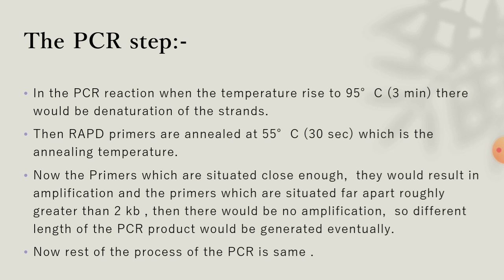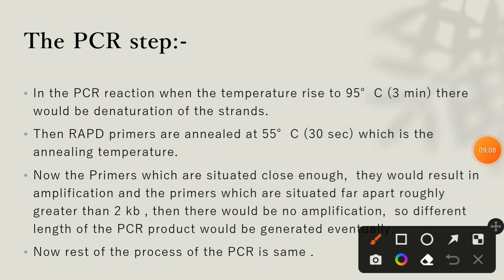The length will vary, but try to understand that when we are using the normal PCR technique, you cannot get such a thing, right? Because there you will use specific primers, and as a result you will get PCR products of the same length. But here you cannot get this. Why? I think you can understand.